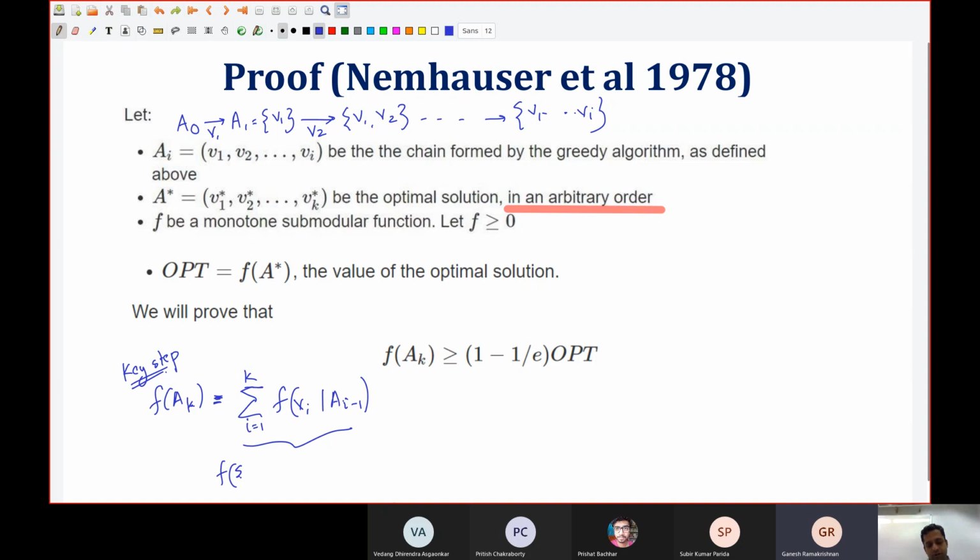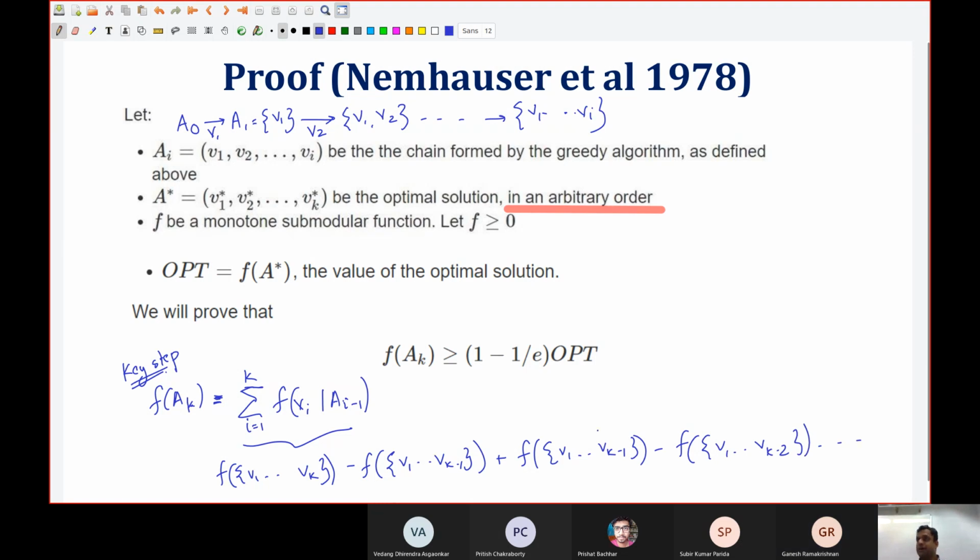f of v1 to vk minus f of v1 to vk minus 1, plus f of v1 to vk minus 1 minus f of v1 to vk minus 2, right? So many of these terms will get cancelled out.